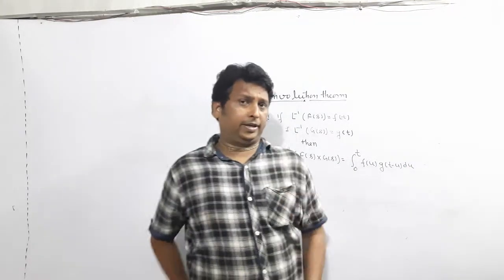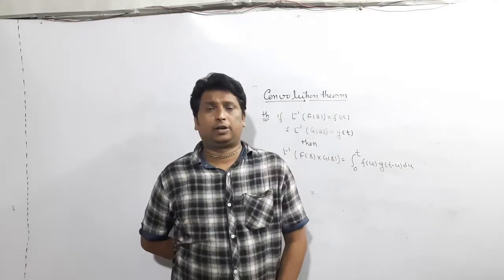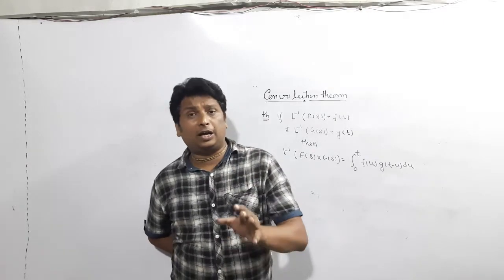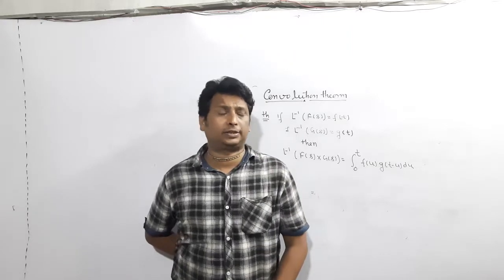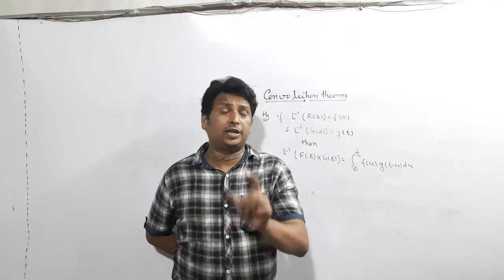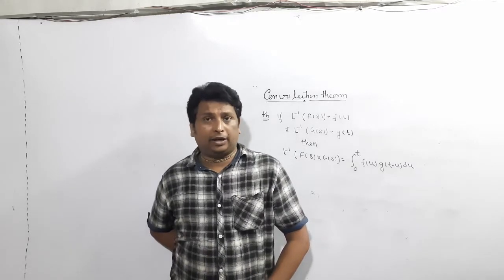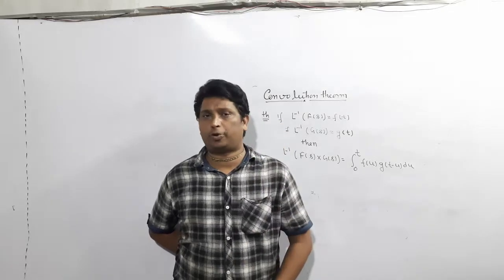So basically it is used to calculate Laplace inverse, and when the function for which you are going to calculate the Laplace inverse is given as a product of two functions, then we use the convolution theorem. That's also an easy process.